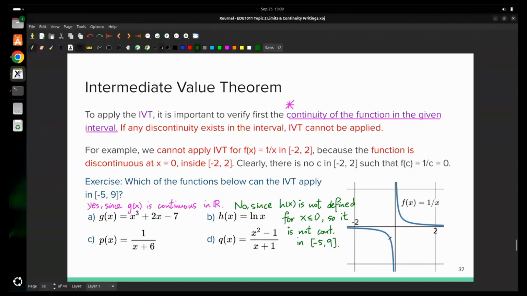Okay, because if you give it any negative x, it is undefined. So how can it be continuous in the negative part of the domain?